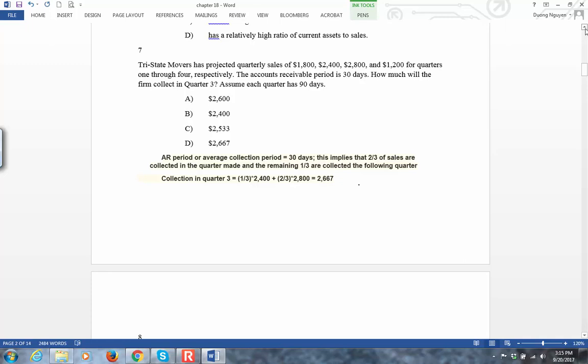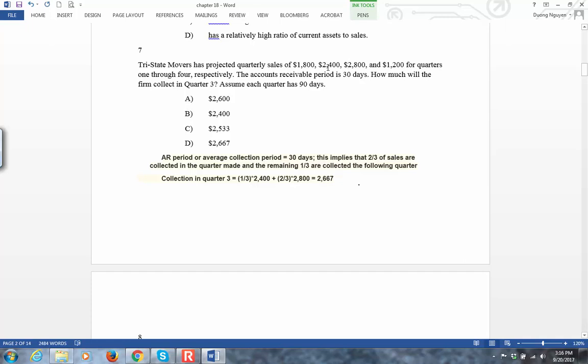So in quarter 3, the sales is 2800 in quarter 3 right here. So 2/3 of it will be collected in the same quarter. So 2/3 times 2800, plus 1/3 of the previous quarter.